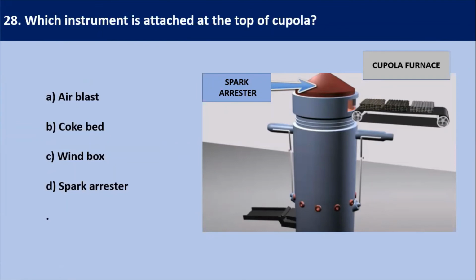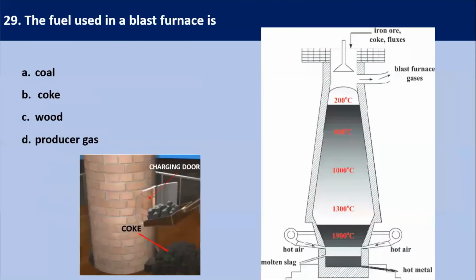The spark arrestor is positioned at the top of the cupola furnace and traps the burning particles, only allowing the gases to release to the environment, which will not affect it. And that's why our answer is D, spark arrestor.